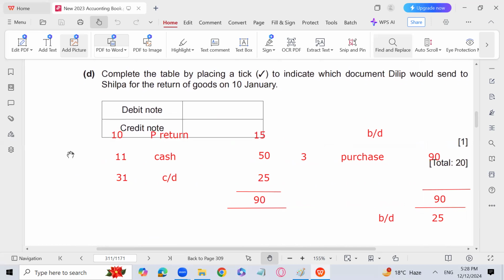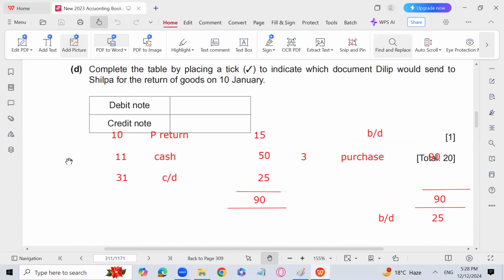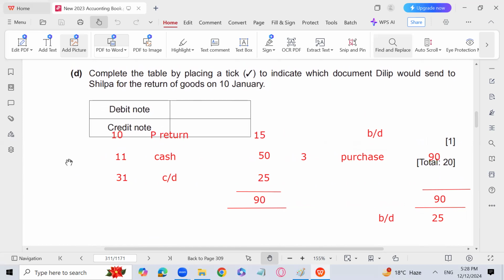Complete the following table by placing a tick to indicate which document Dilip would send to Shilpa for the return of goods. Debit note, and the second is credit note. Which document will Dilip send to Shilpa? So basically, for us Dilip is our trade payable, but for Dilip, Shilpa is basically a trade receivable.